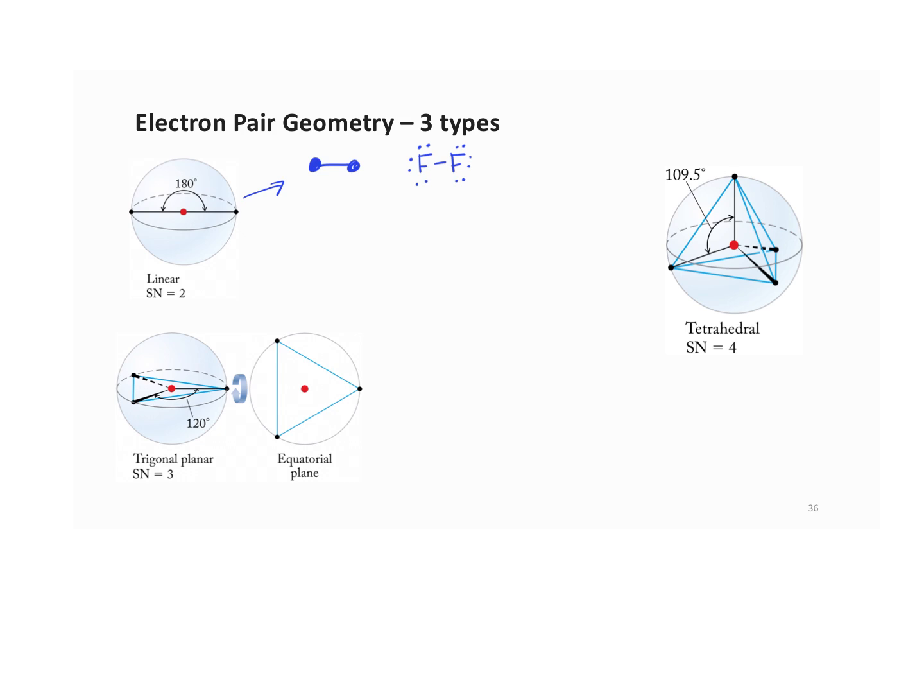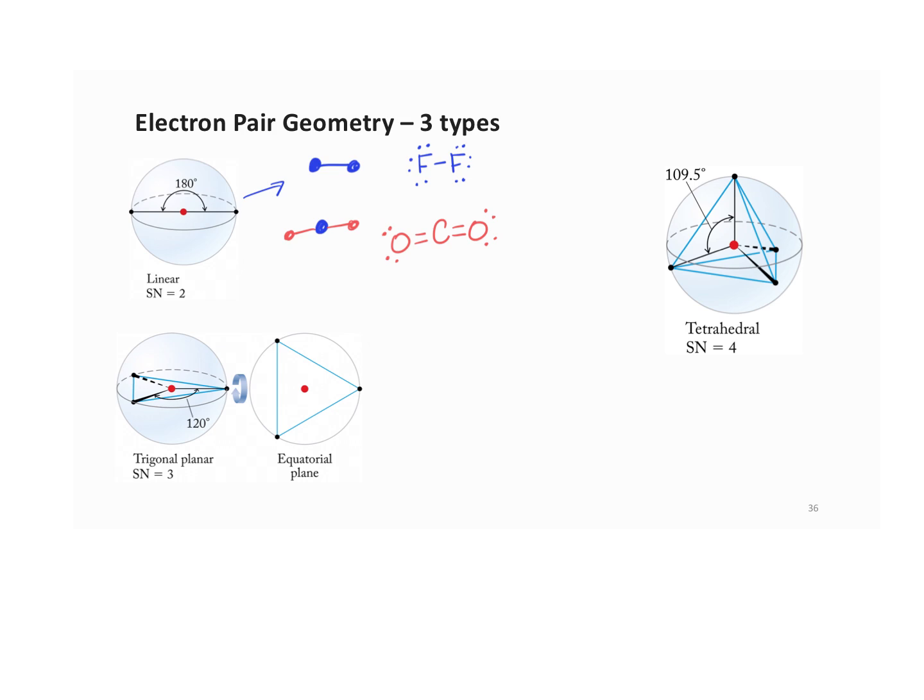Or you can have a central atom and then two other groups that come out from it. This would be something like CO2, where you have the carbon in the center and oxygens around like that, and that is a linear molecule.